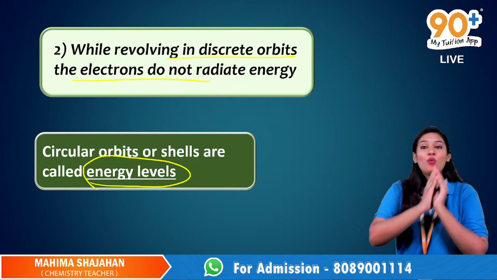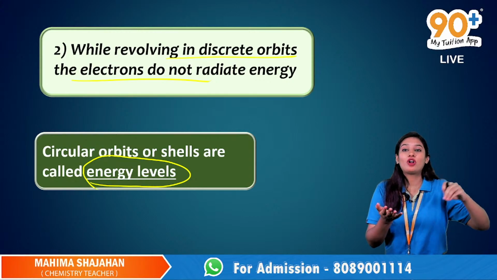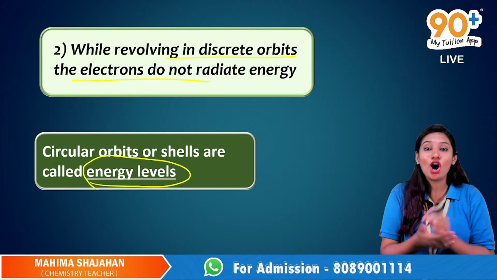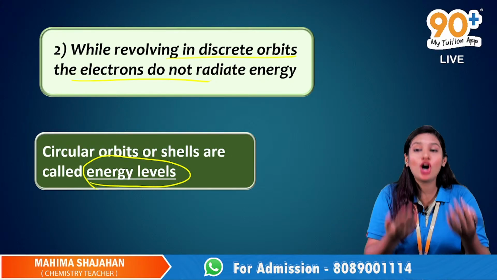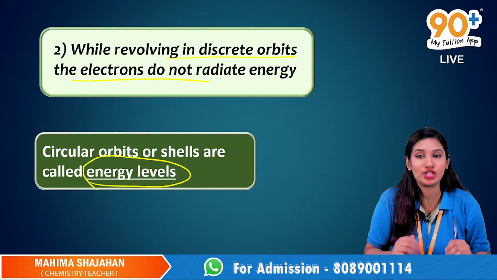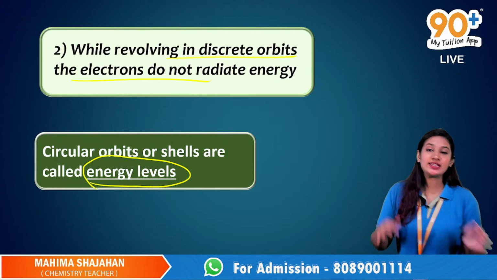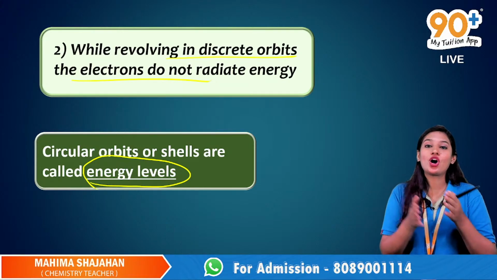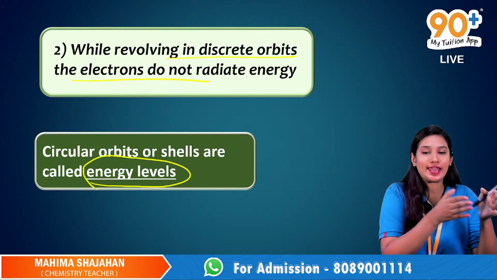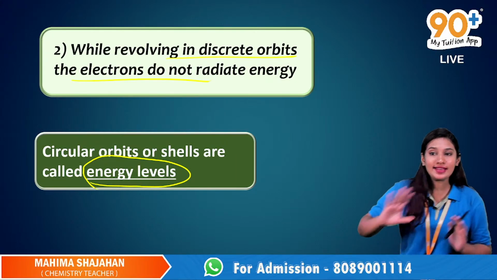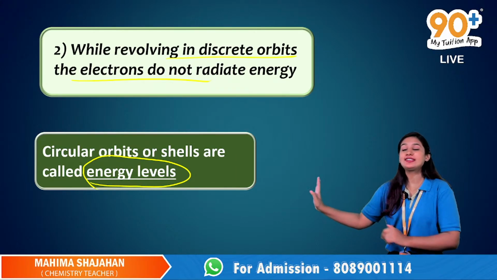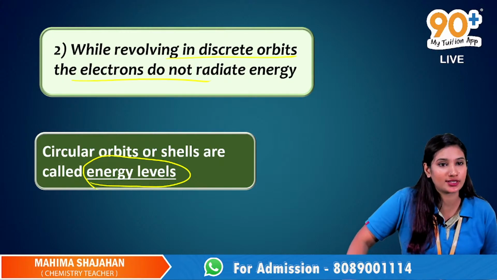While these electrons are revolving in these discrete orbits, they will not emit energy or produce radiations. These shells or orbits have fixed energies, and that is why they are also known as energy levels.